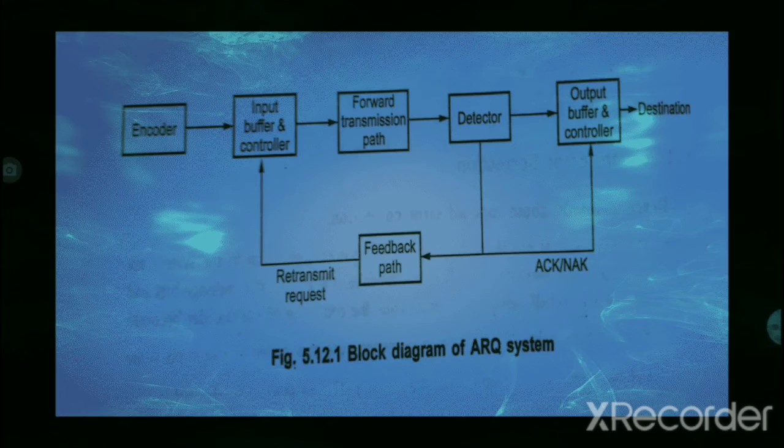Then the output will be destination, and the feedback path will be there. Then feedback path, retransmit request.